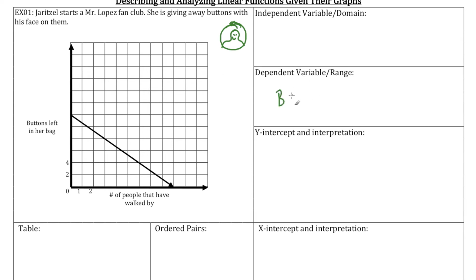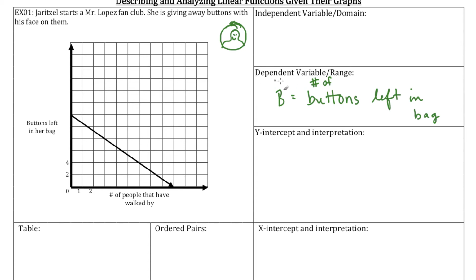So I'll put B for buttons. Don't just put buttons though, because this could be how many buttons she gave away. This is the number of buttons left in the bag.